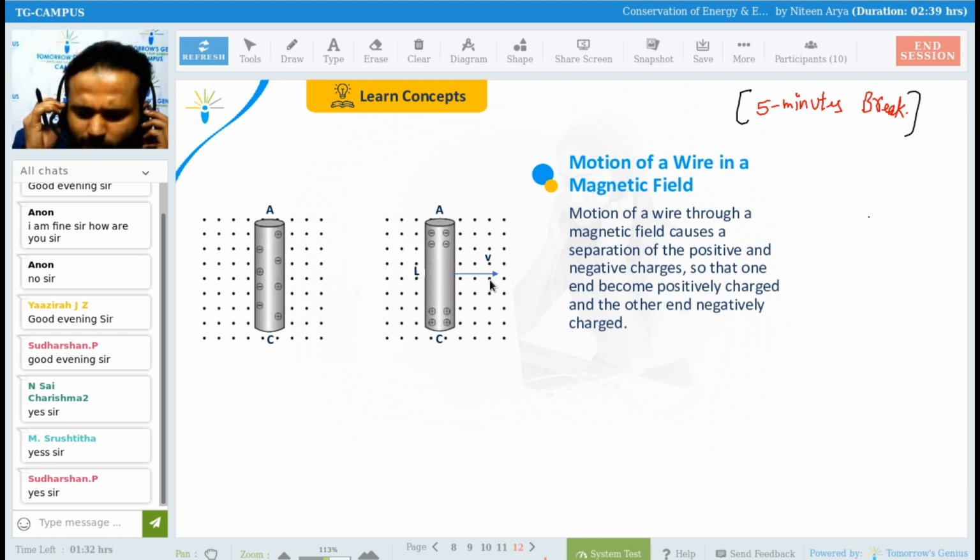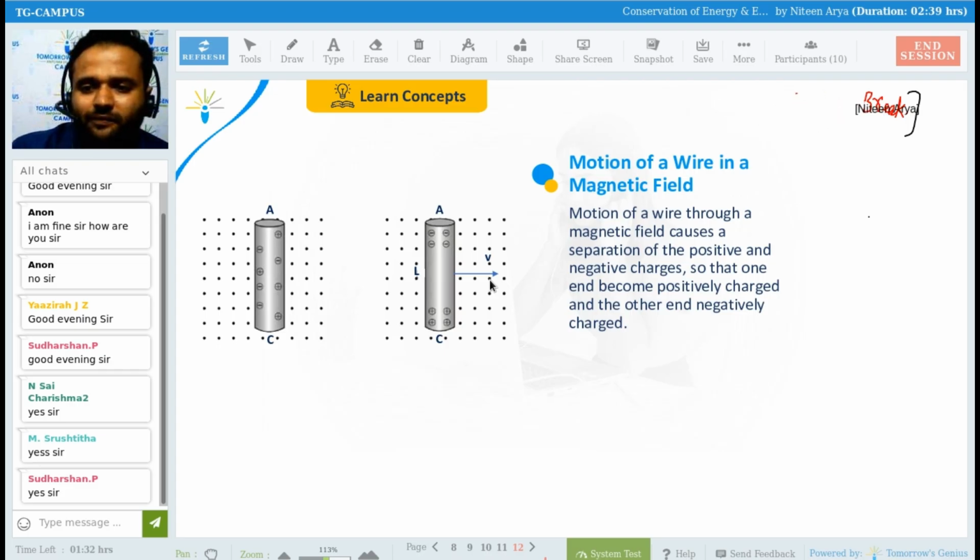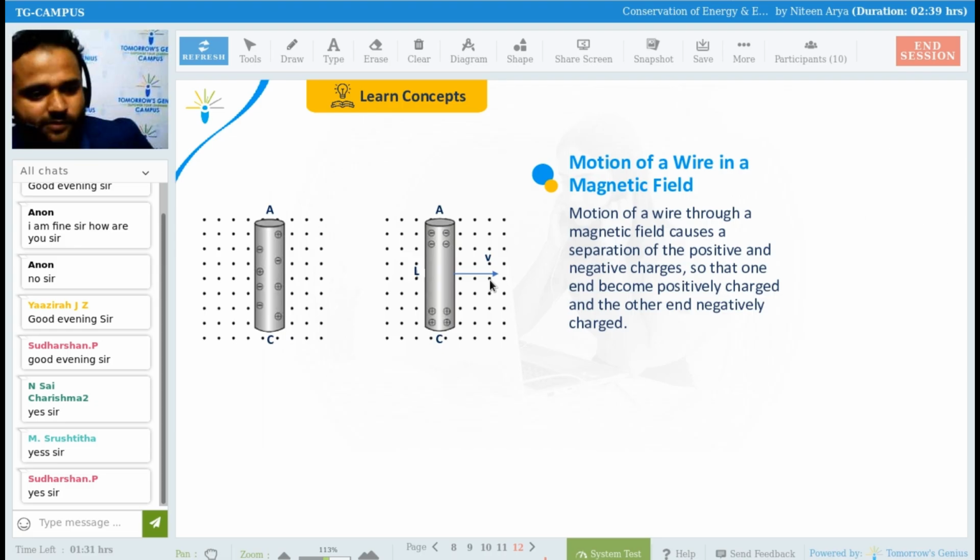Our motional EMF formula is going to be BLV. I'm giving you a hint of a formula, BLV. The transformer formula and EMF we're going to discuss also, and other important aspects or formulas. Okay.